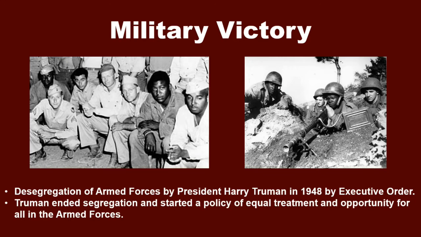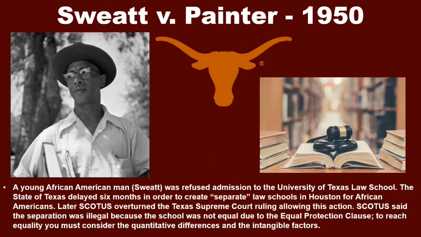You will be treated equally, and units will be integrated with multiple races. So the end of segregation in the military occurred in 1948 by President Harry Truman. All right, and then in 1950, we get Sweatt versus Painter, and this happened right here in Texas.